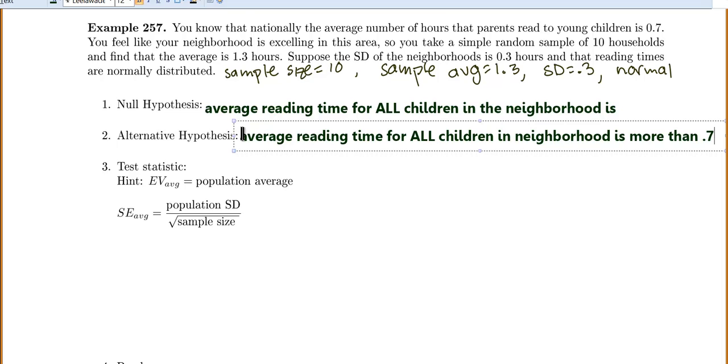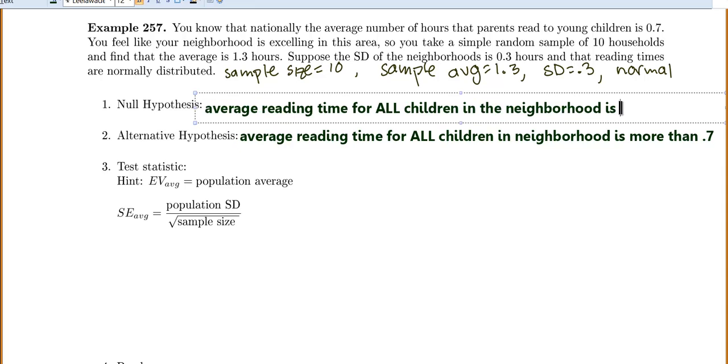Specifically because it said we think that they're excelling, the alternative is we would want to show that the average time for all the children in the neighborhood is more than 0.7, which means that my null hypothesis would then be that the average reading time for all the children in the neighborhood is 0.7 hours. Once again, sometimes it's easier to write the alternative since the alternative is what you're trying to show, and then I just come back and fill in the null.